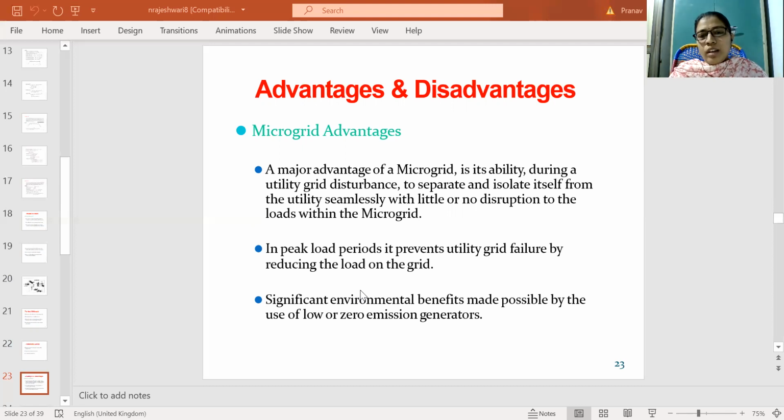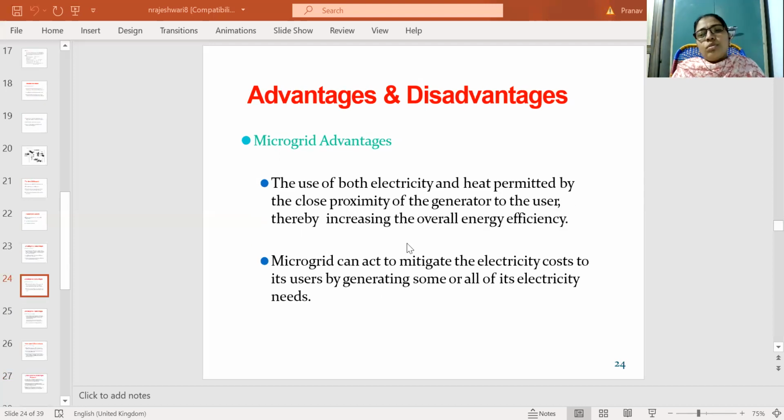There are significant environmental benefits made possible by the use of low or zero emission generators, and the use of both electricity and heat is permitted by the close proximity of the generator to the user, thereby increasing the overall energy efficiency.